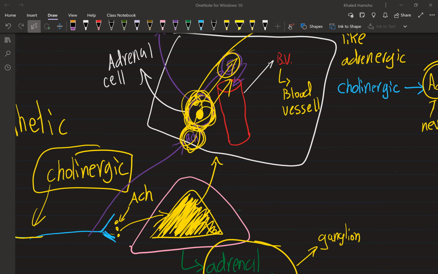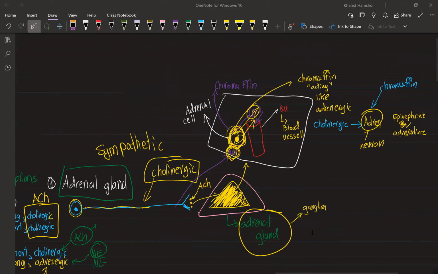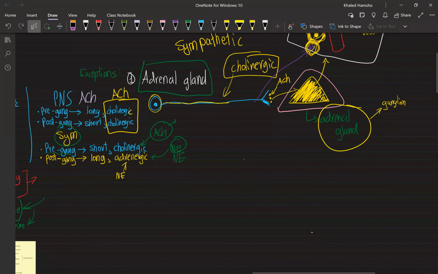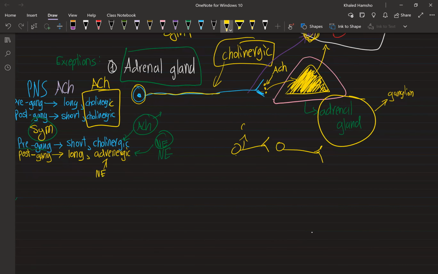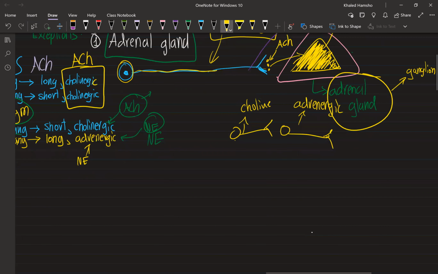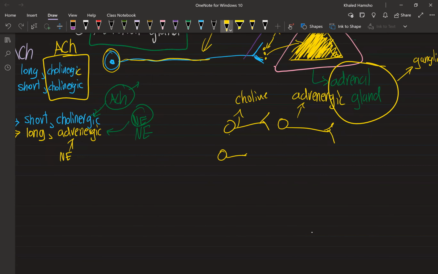Okay. Cool. I'll quickly repeat it again since someone asked. Remember, in the sympathetic pathway there are two neurons. This one is cholinergic. The other one is adrenergic. The only difference in the adrenal gland is that there's a cholinergic neuron over here.